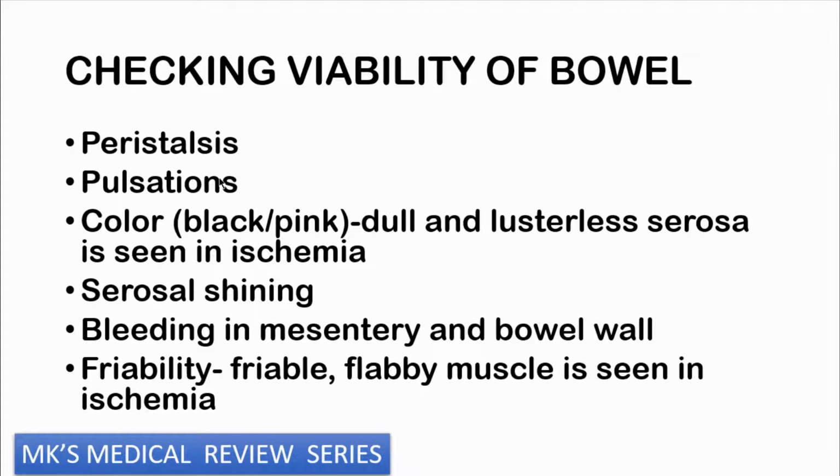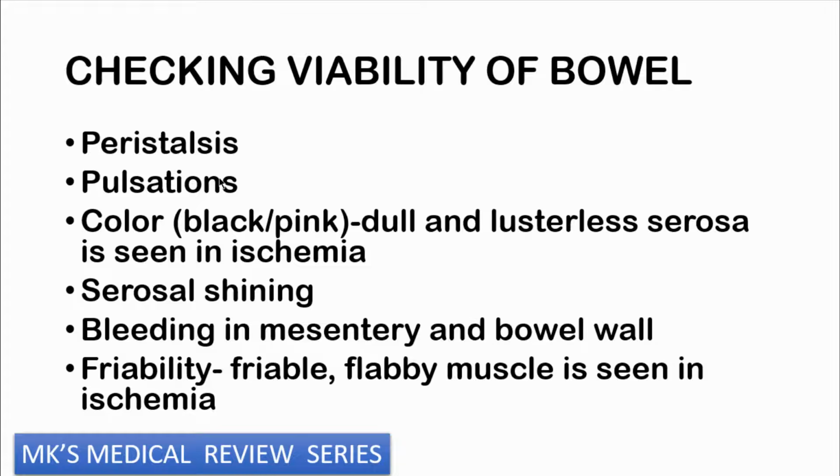So these are the things that you check for in theater when you want to check if there's any viability of the bowel. So you want to look at the presence of peristalsis. You want to look at some pulsations. You may feel some pulsations of the gut. You look at the color. So if it's pink, it's normal. If it's darkish, if it has lost its color and its shine, that luster, if it's lusterless and the serosa is looking dull, then that's most likely pointing you towards ischemia.